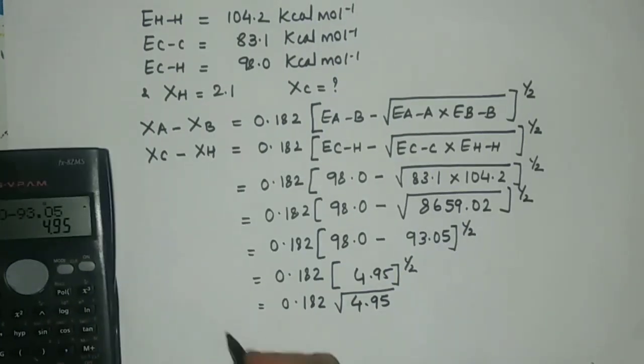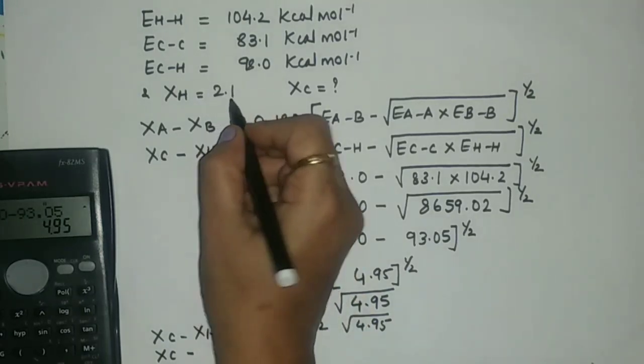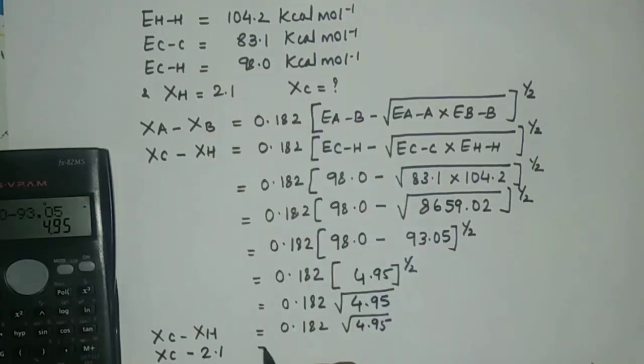So now electronegativity of carbon minus electronegativity of hydrogen is equal to 0.182 square root of 4.95. So let us substitute the value of electronegativity of hydrogen. So electronegativity of carbon minus the electronegativity value of hydrogen, which is 2.1, is equal to 0.182 multiplied by the square root of this answer, which you get as 2.22.